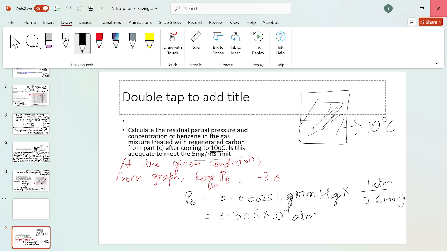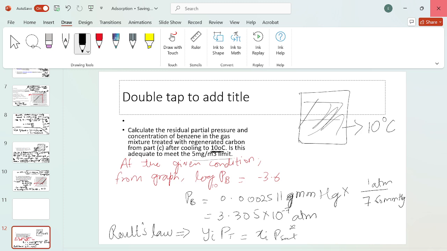So basically we need to see if the amount of carbon is sufficient or not. So we need to convert this into mass. We will use Raoult's law, which is mole fraction of benzene into total pressure is equal to saturated pressure plus pressure.